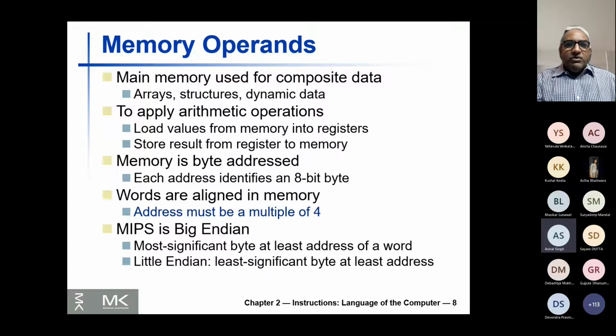So to fetch or operate on the data, first of all you need to know where the data is available. The data is available at a certain memory address. Therefore, to provide data transfer from memory to processor or from processor to memory, the instruction should contain the memory address as the operand. We'll see what these are.